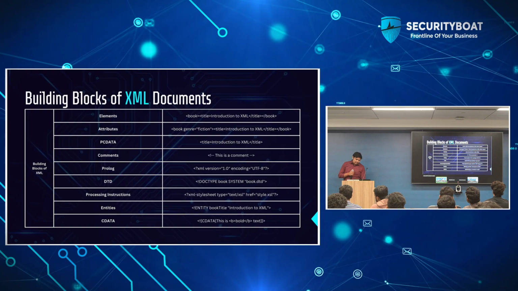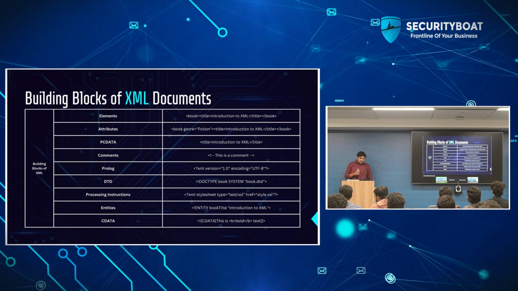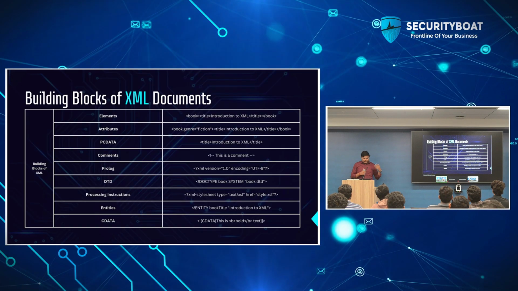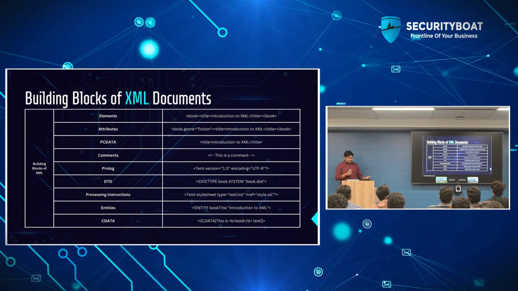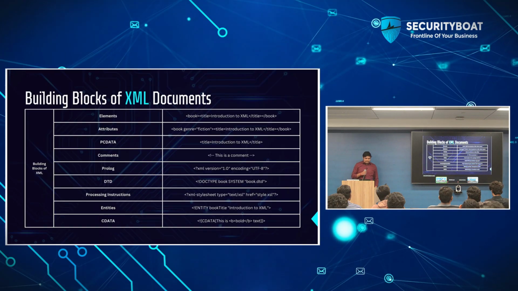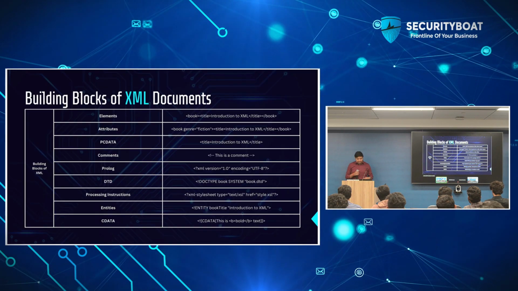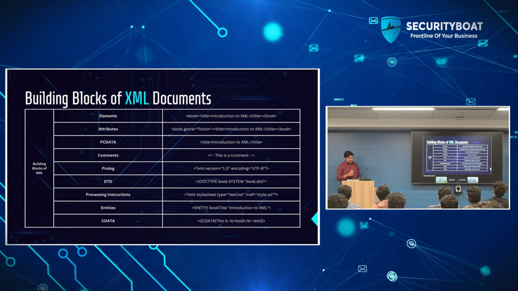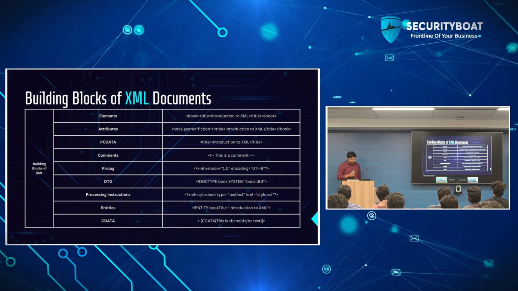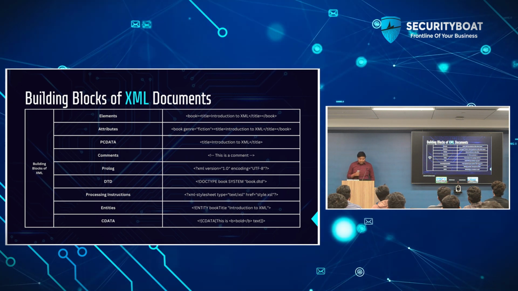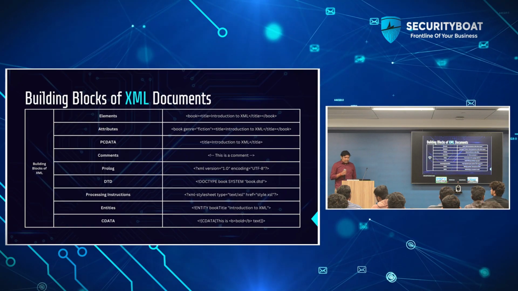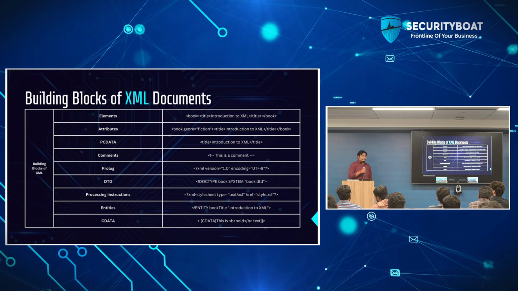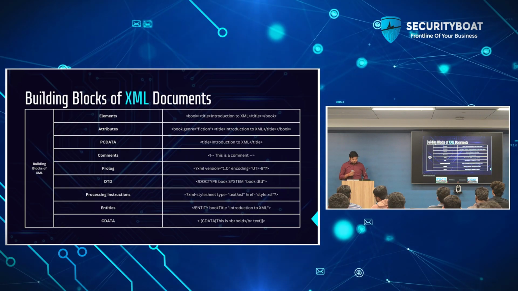These are some of the building blocks of XML, the different types of formatting where HTML has. The most important thing that we are going to discuss is the DTD, document type definition, and the entities format. These are the two most important things which will help in order to find XML injection attacks.